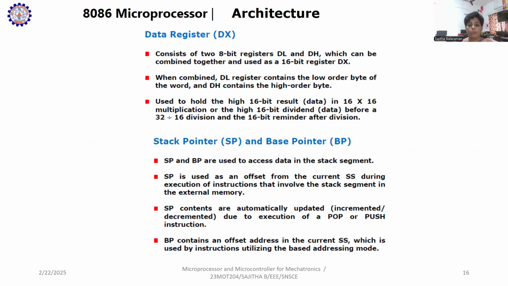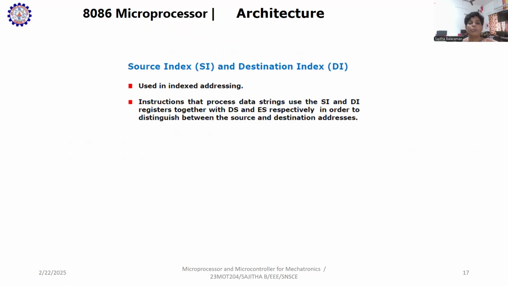SP contents are automatically updated, that is either incremented or decremented, due to the execution of the push or pop instructions. BP contains an offset address in the current SS, which is used by instructions utilizing the based addressing mode. And coming to the last, the index registers, that is the source index and the destination index.